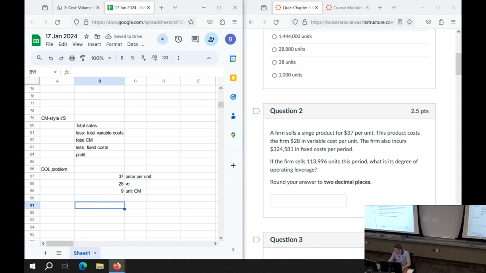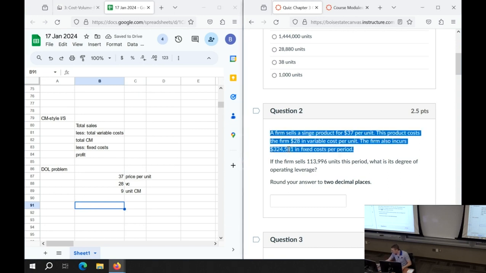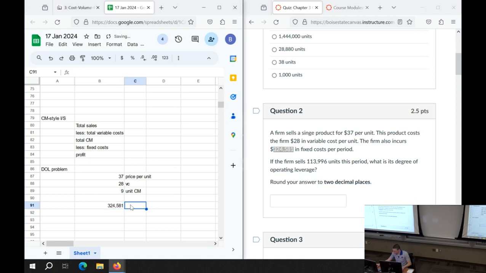We have fixed costs. And we have 113,996 is our volume, our sales units.